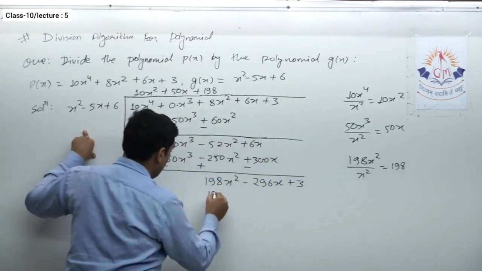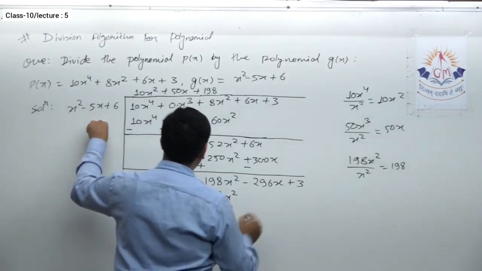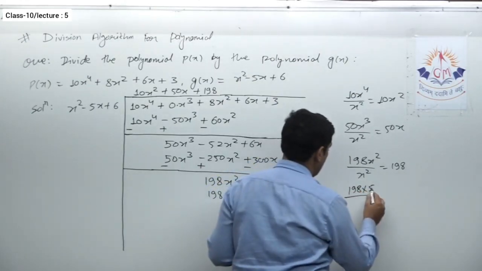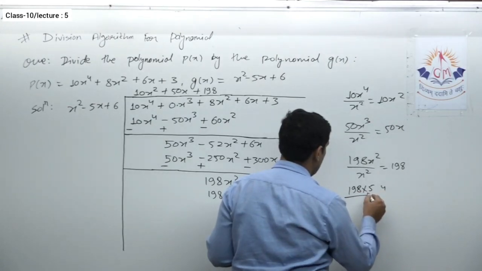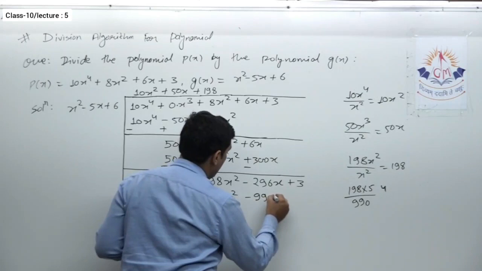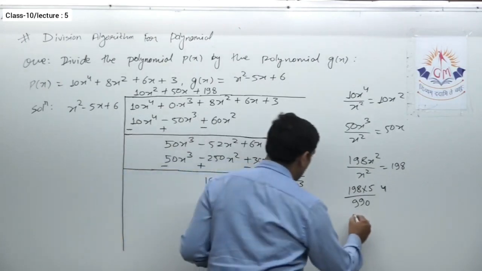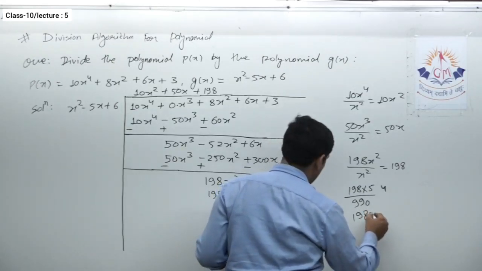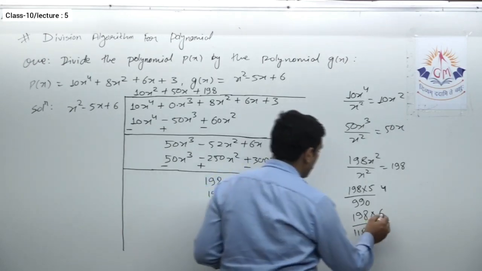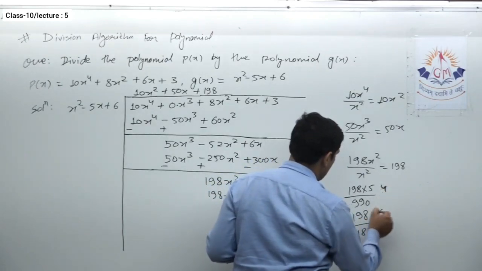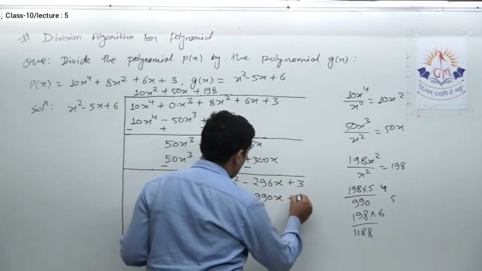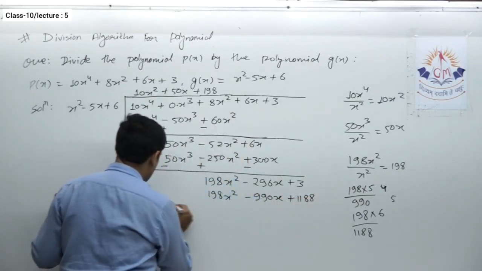So 198x square minus, now 198 into 5, that is 990, so I write 990x, then 198 into 6, that is 1188, plus 1188.